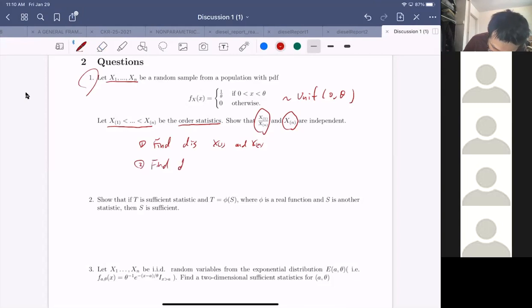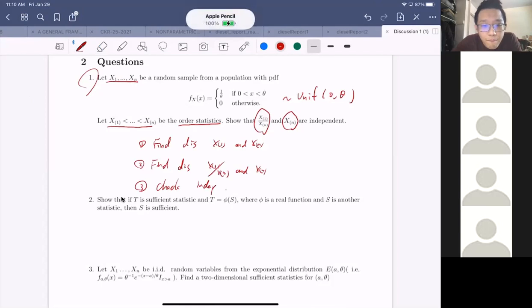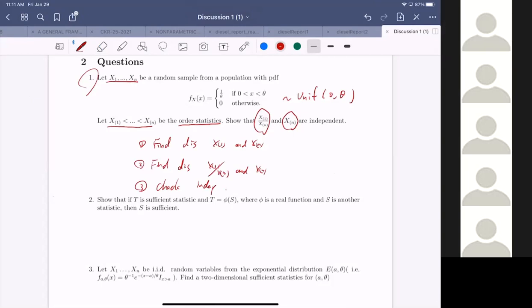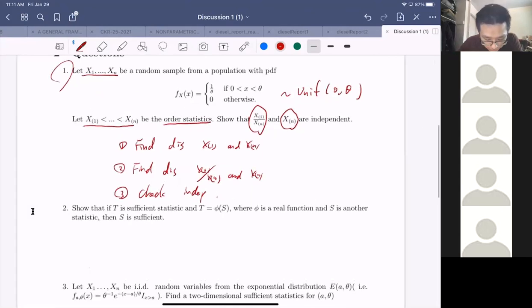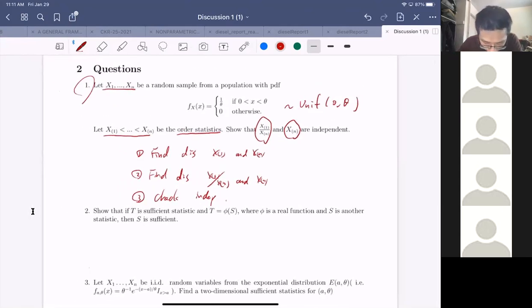Oh, you also have to find the distribution of S1 divided by Sn, and then you have to check independence. If you have any question, feel free to let me know.